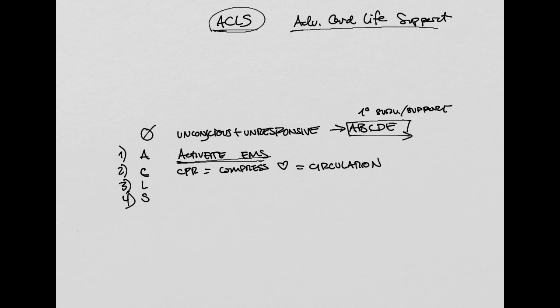So activate EMS, CPR, compress. We're going to help the heart do the work of circulating the body by pushing down on that big sponge and helping the fluids go out to the body, right? Especially to the brain, to the guts, the kidneys, etc., and to the GI tract.